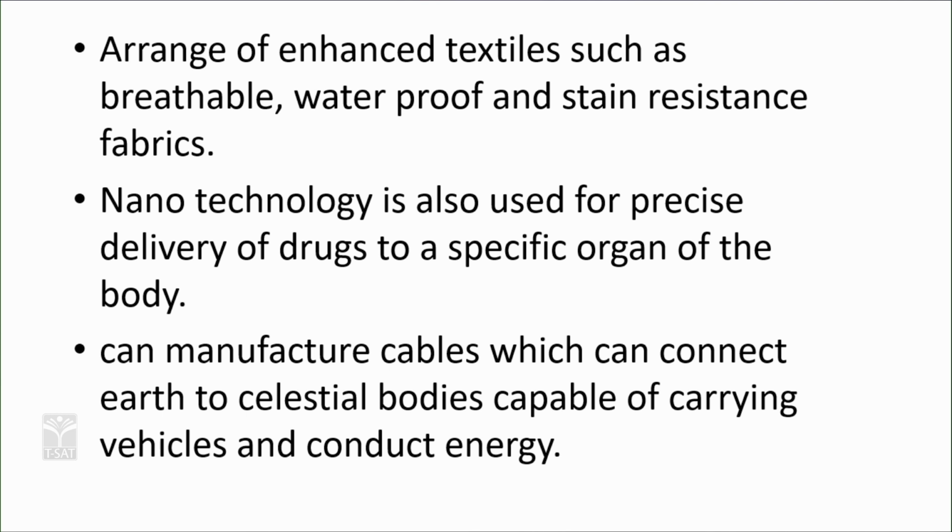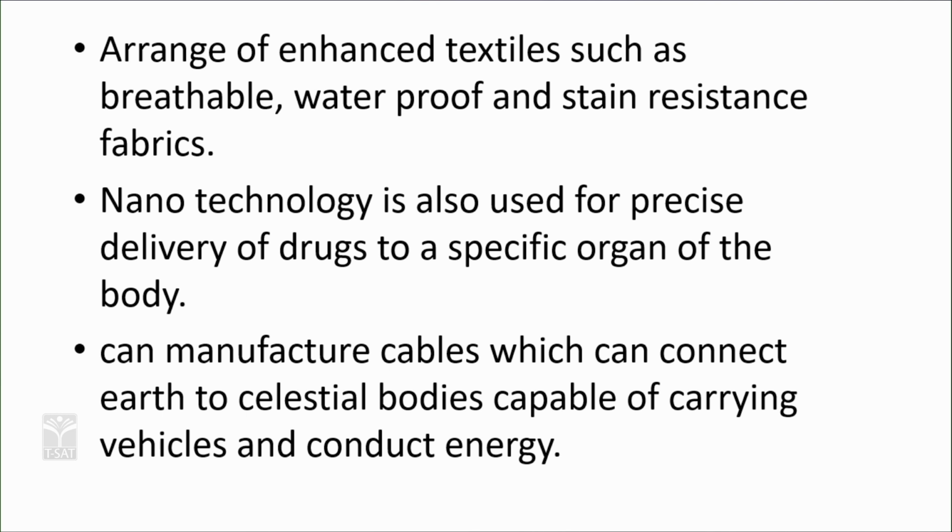So, what is happening here is enhanced textiles. Breathable means the clothing you are wearing is comfortable, helping the passage of air comfortably, so that you feel comfortable when the air is passing through the clothes. Waterproof: when you are moving in rain, you must have better waterproof materials.